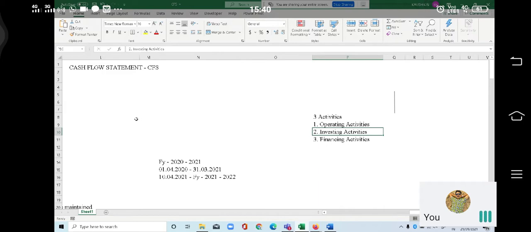But to start the business, I need capital, which is the finance, the amount I invest in the business. With that amount, I will buy machinery and raw materials. Only if I invest in raw materials and machinery will I be able to do my production process, which is my core business operation.